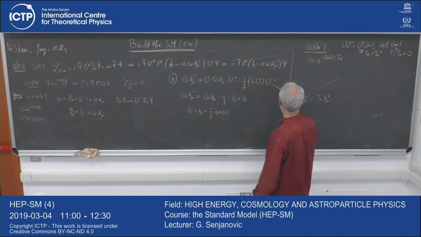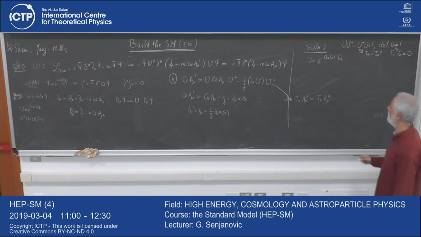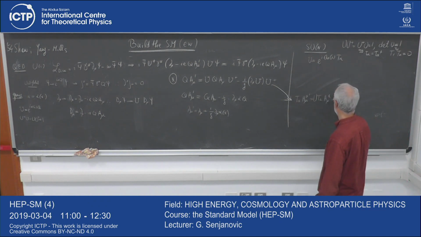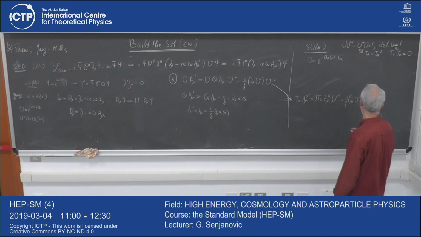I don't want this equation. I want this equation. The general one. U, sorry. U dagger minus i over g d mu U dagger.